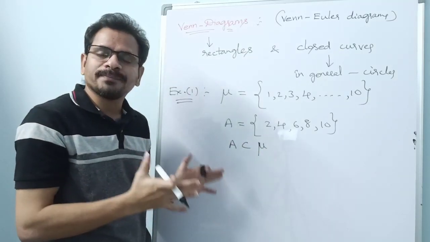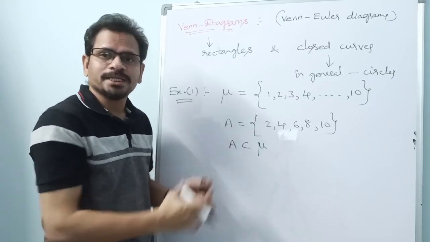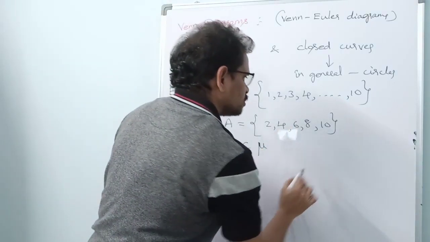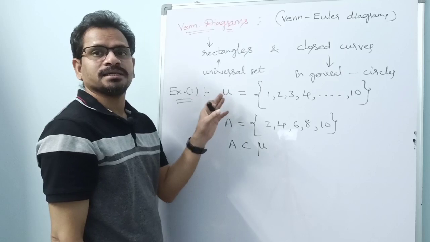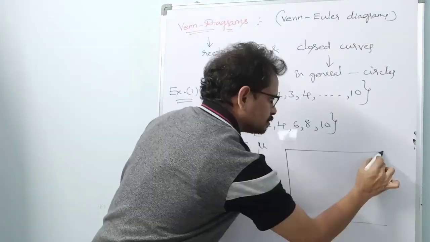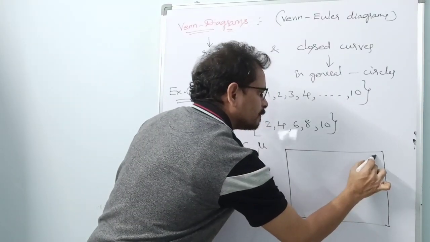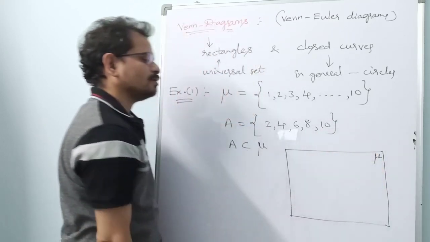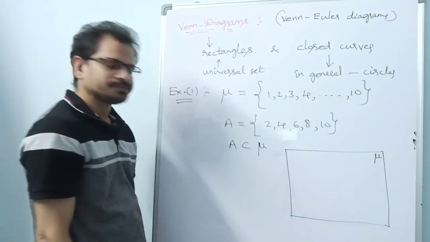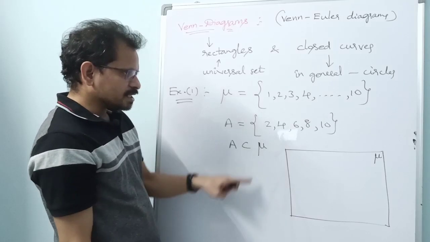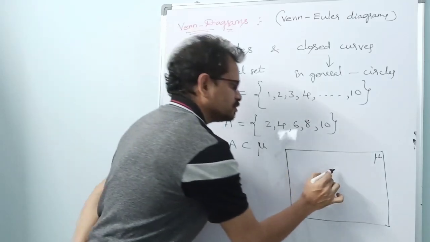Then how can you represent this in the form of a Venn diagram? Let us check. As I told before, rectangles are used to represent the universal set. Mu, it is named mu. Then what is this set? A is a subset of mu.